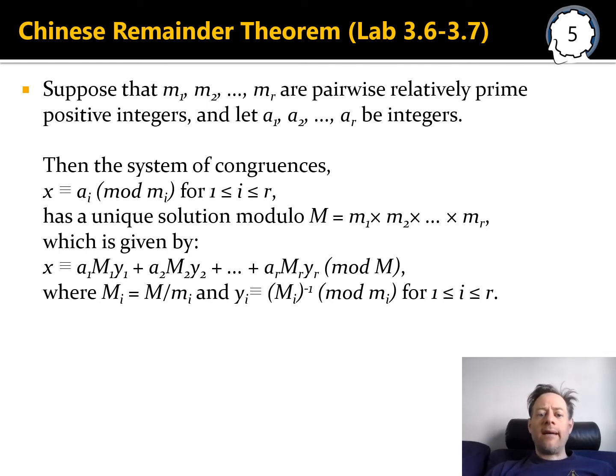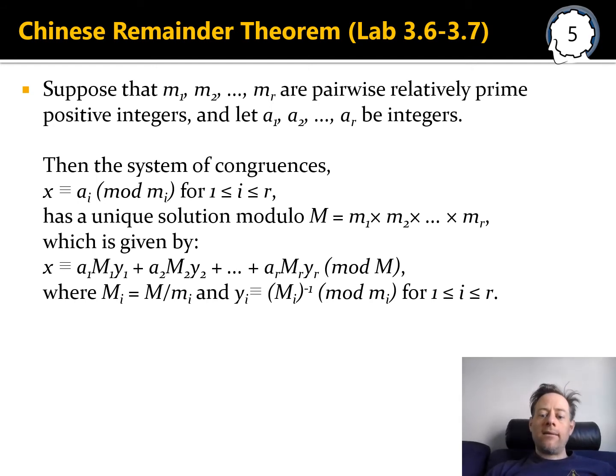And it states that if you have r m's that are pairwise relatively prime, and you have r integers, and you want to solve a system of congruences of the form x is equivalent to ai modulo mi for each of these r's, then this theorem states that there is a unique solution modulo capital M, which is the multiplication of all the moduli mi.